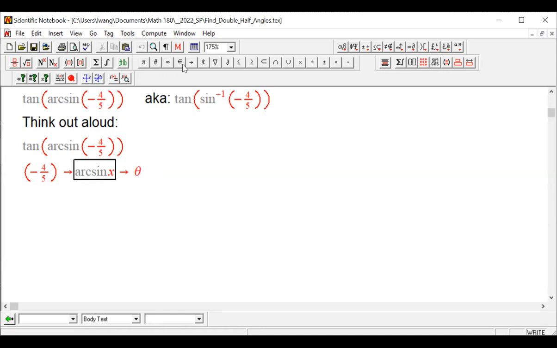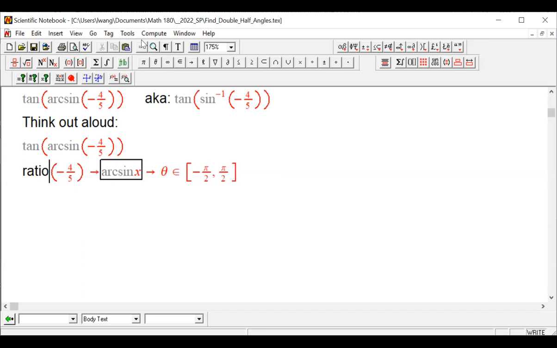And the theta is going to be in the range of arc sine. The range of arc sine is negative pi over 2 to pi over 2. Its domain is a ratio.